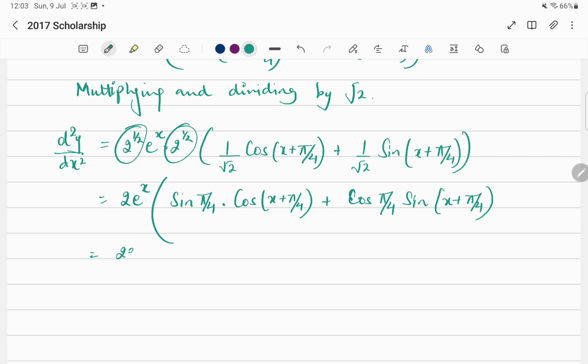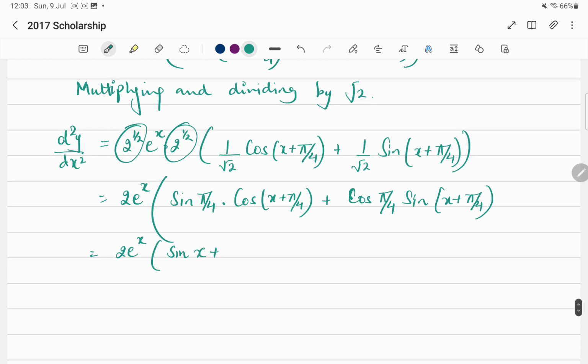So that gives us 2 e to the power of x sine of x plus pi over 4 plus pi over 4, which is 2 pi over 4. And this is d2y over dx squared.